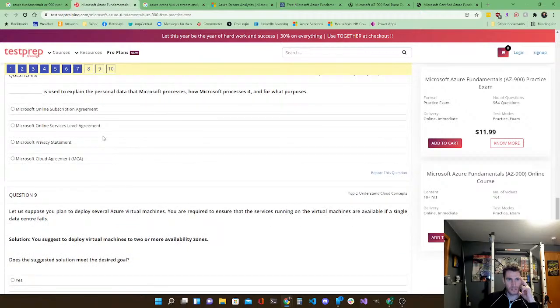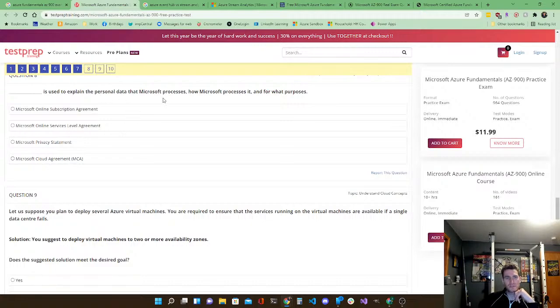So, blank is used to explain the personal data that Microsoft processes, how Microsoft processes it and for what purpose: their online subscription agreement, their online service level agreement, SLA, their privacy statement, or their cloud agreement. I don't remember what the cloud agreement is.